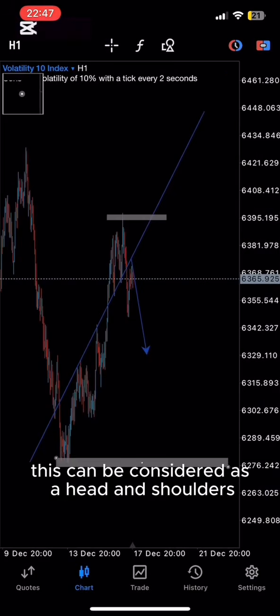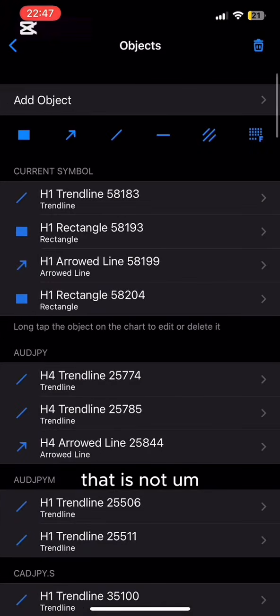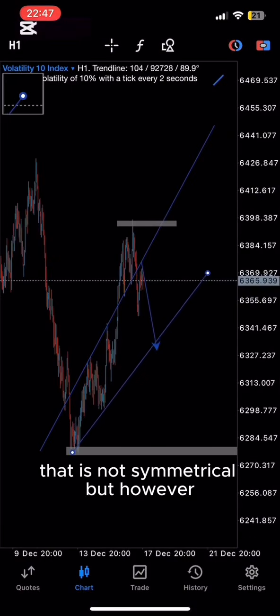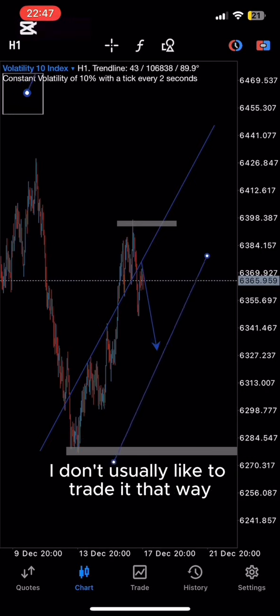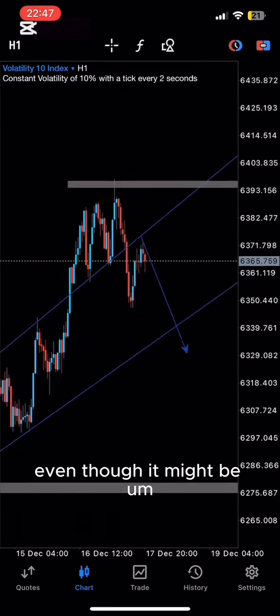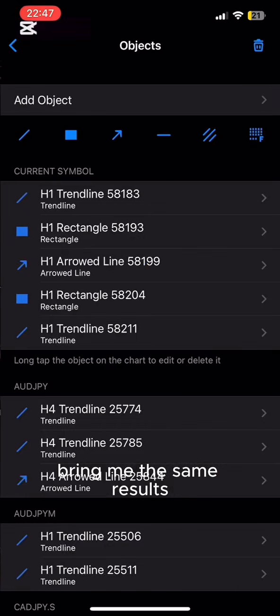So usually this can be considered as a head and shoulders that is not symmetrical, but however, I don't usually like to trade it that way. So I'm going to use another strategy, even though it might bring me the same results.